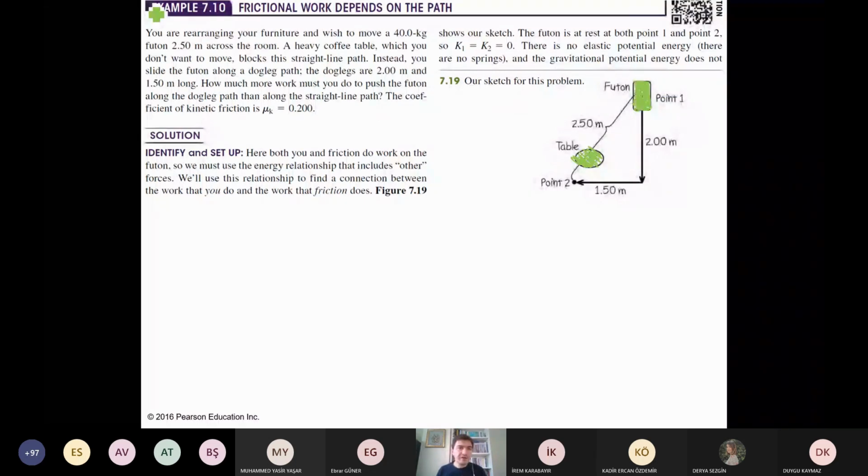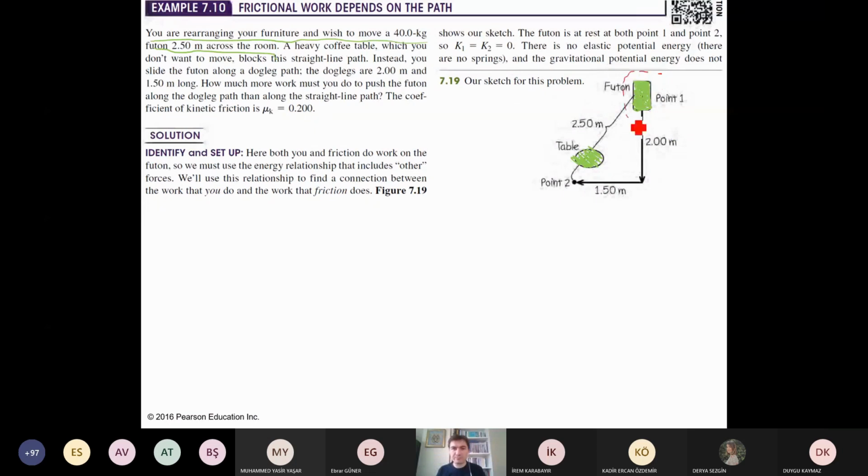You are rearranging your furniture and wish to move a 40 kilogram futon 2.5 meters across the room. So you would like to change the position of this futon. It is staying here at the beginning. And now you would like to move it to point 2.